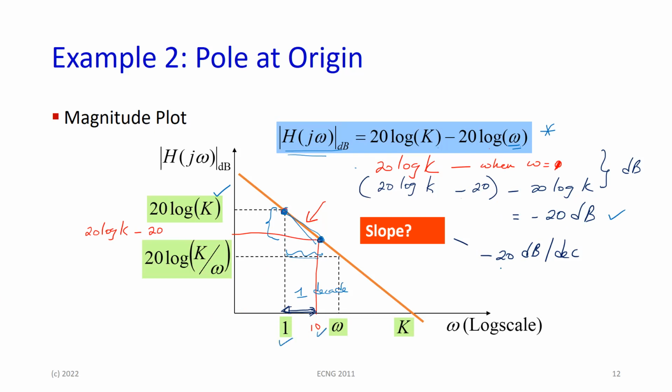Therefore this slope is minus 20 decibels per decade. Okay, anybody else not clear on that?